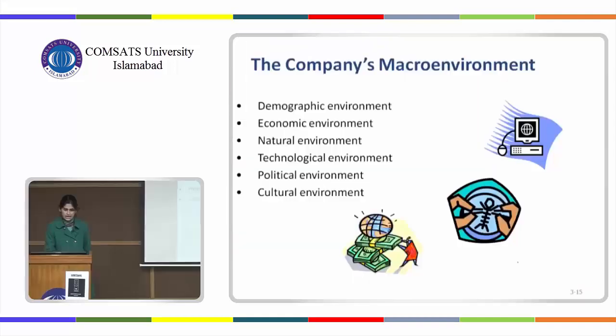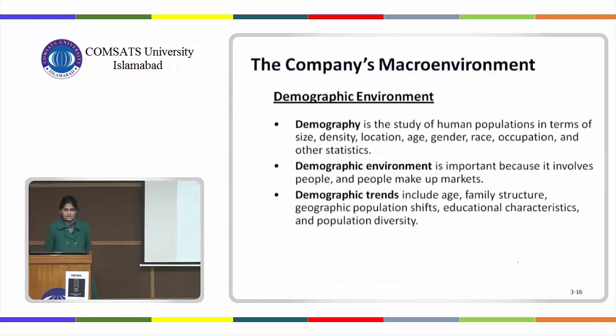Talking about the first type of environment, that is the demographic environment. What is demographics? Age, gender, population. So observable characteristics in a population that you can observe are demographics. So that would include age, gender, race, occupation, and other statistics, right?